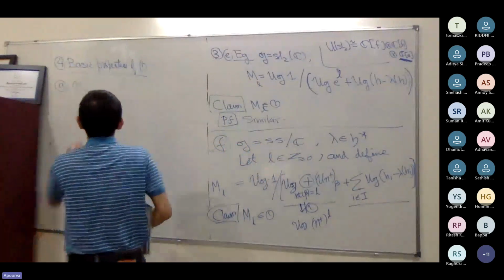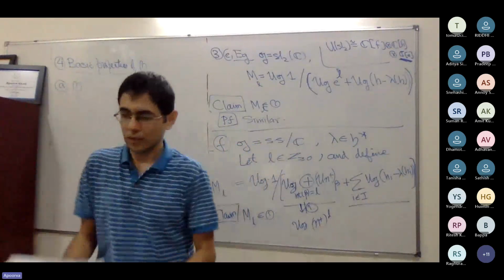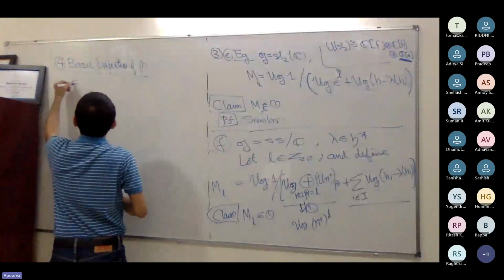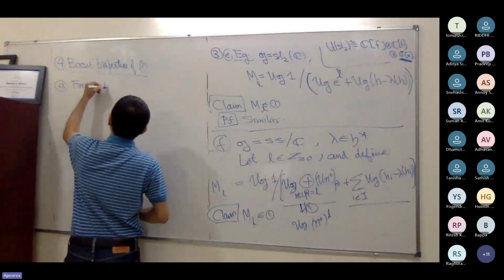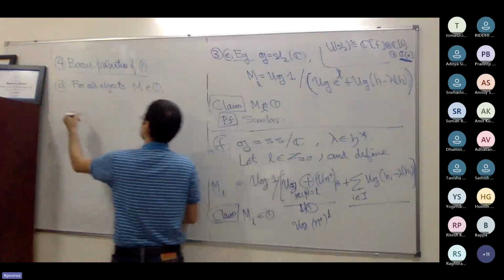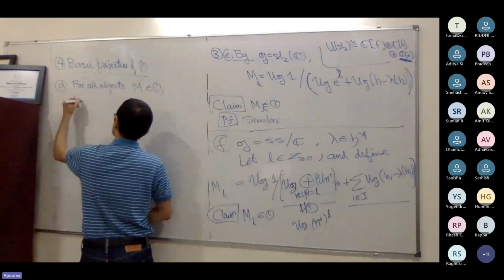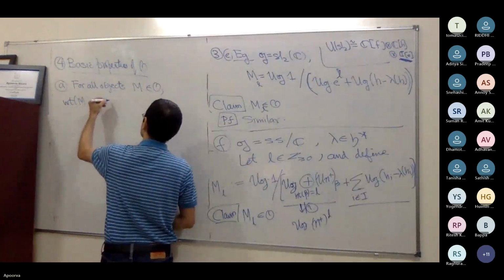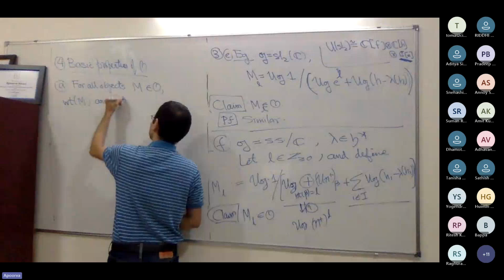Let's start with this: every object N, the weights of N are contained in the finite union.